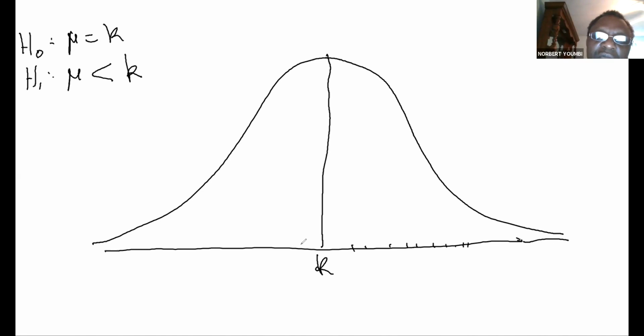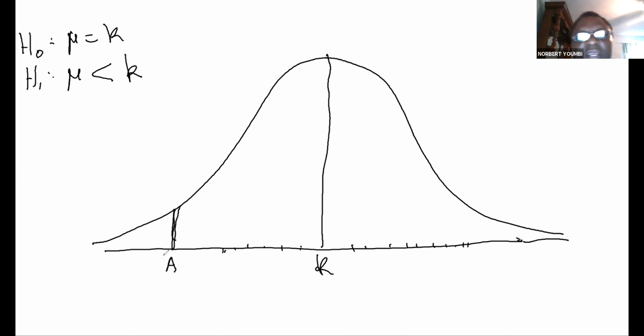If the sample mean is to the left side of K, normally we could say we are rejecting the null hypothesis, but because it was not the population mean, it was the sample mean, we will consider it as probably a sample error. But we are going to set a boundary here.